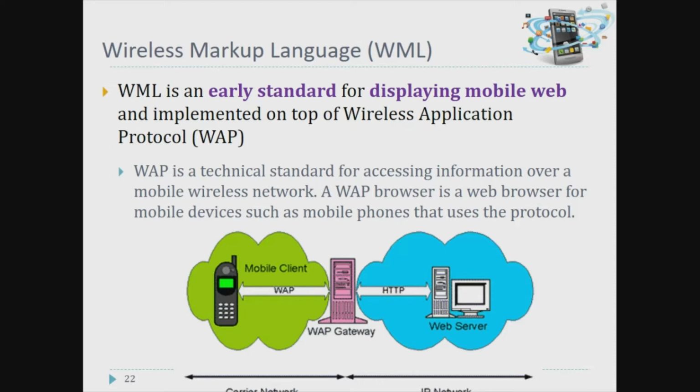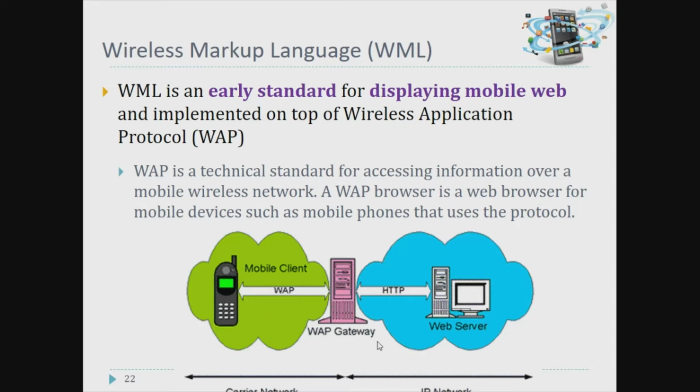Okay, I believe most of you have already heard about WAP. So WAP is a technical standard for accessing information over a mobile wireless network. A WAP browser is a web browser for mobile devices, such as mobile phones, that use the protocol. For example, here we have a mobile client using the wireless application protocol, WAP, in order to access the web gateway.